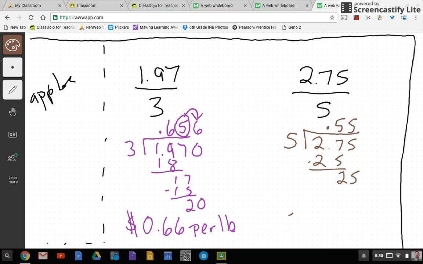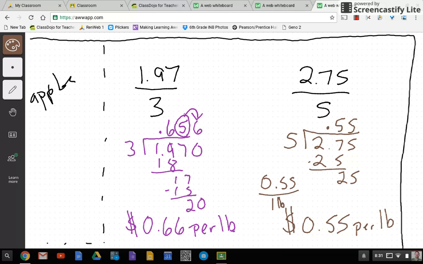So that gives us a unit rate of 55 cents per pound. The other way you could write this is as 55 cents per 1 pound. You could also do it that way, but those are our 2 unit rates.